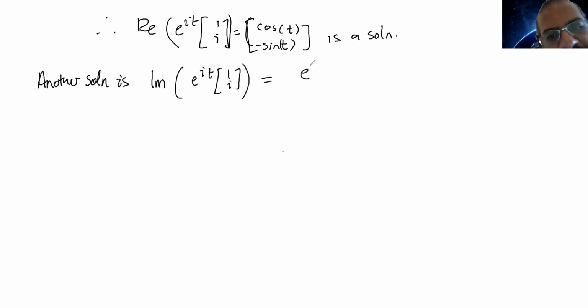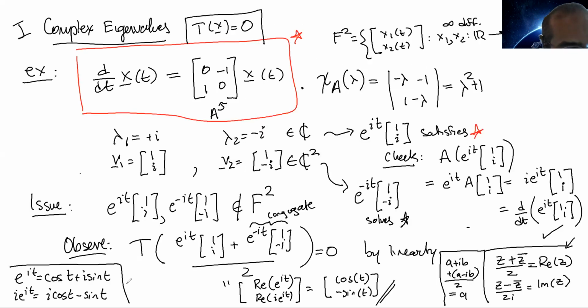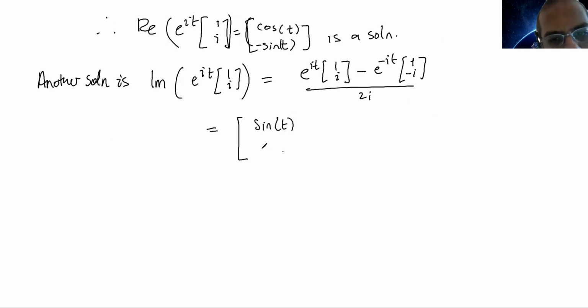So this is e to the it times (1, i) minus e to the minus it times (1, minus i), over 2i, which if you figure it out, if you go back to what's written over here and now take the imaginary parts, you get sine and cosine. It's the same as what we did for second order ODEs. And the summary is, if you have complex eigenvalues, you just take real and imaginary parts.